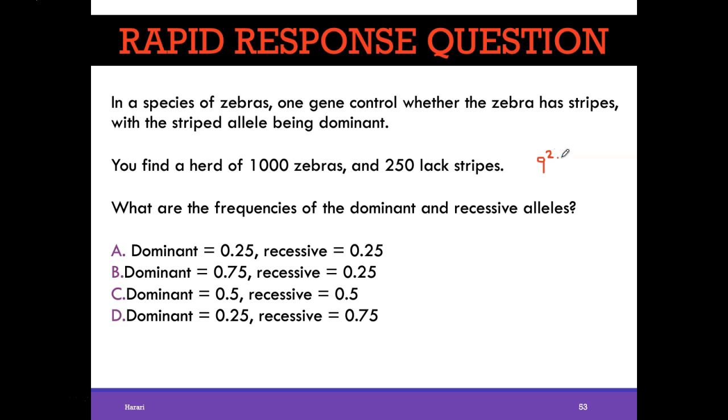So q squared must equal 250 divided by 1,000. 250 divided by 1,000 is the same thing as 0.25. So q squared is 0.25. And using a calculator, you can do the square root of 0.25, or you could do it in your head, and you'll realize that q is 0.5.